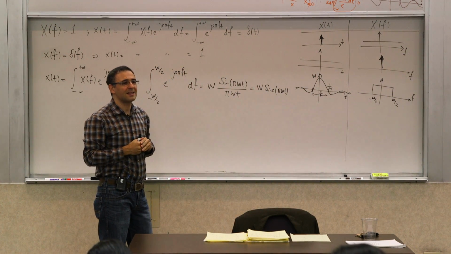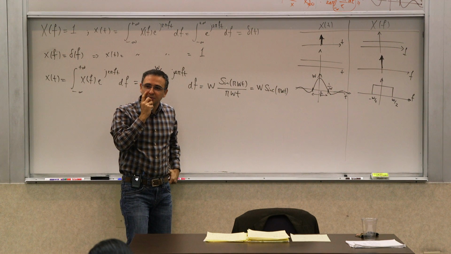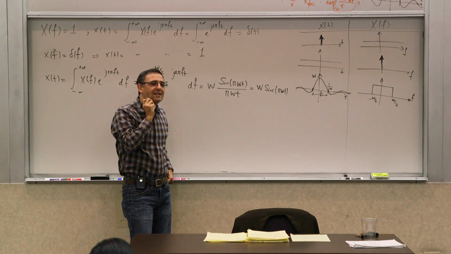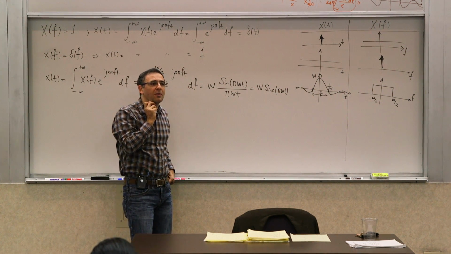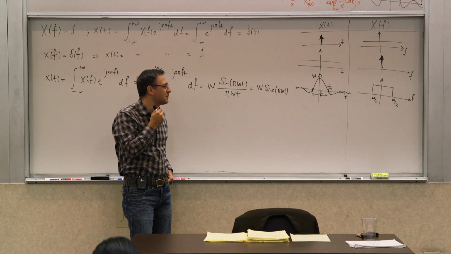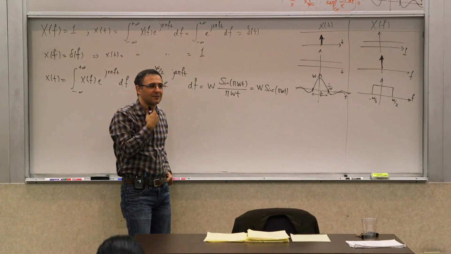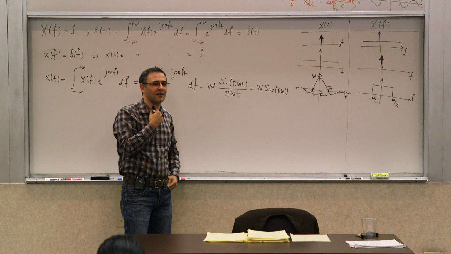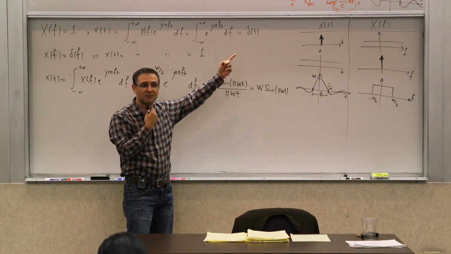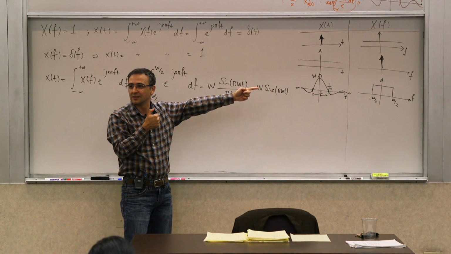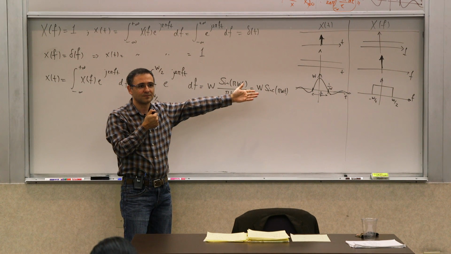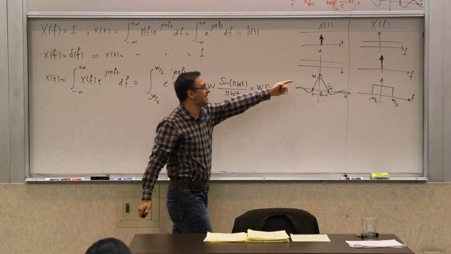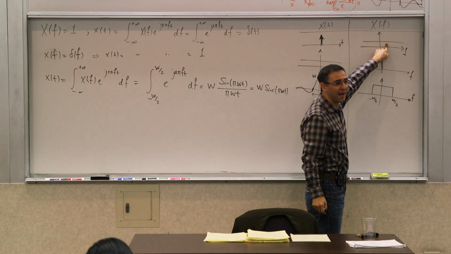Now, I said something earlier, and I want to ask you about it now. Why is it that you can't have an ideal low-pass filter? What's the problem with that impulse response? Because this would be the impulse response of that ideal low-pass filter. See, this is a perfect filter, the all-pass filter.